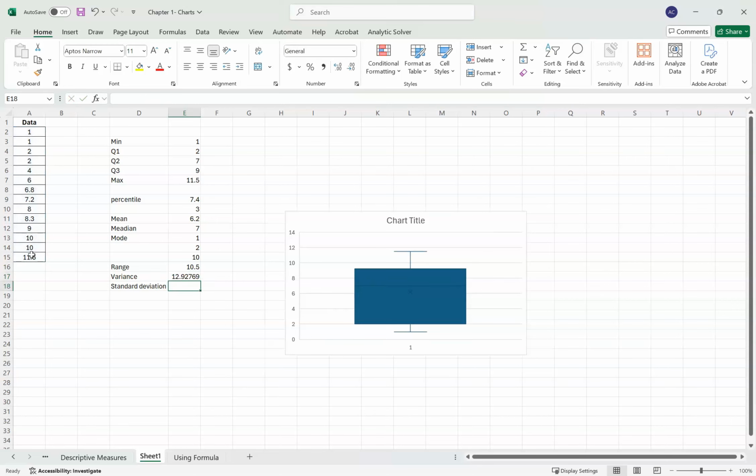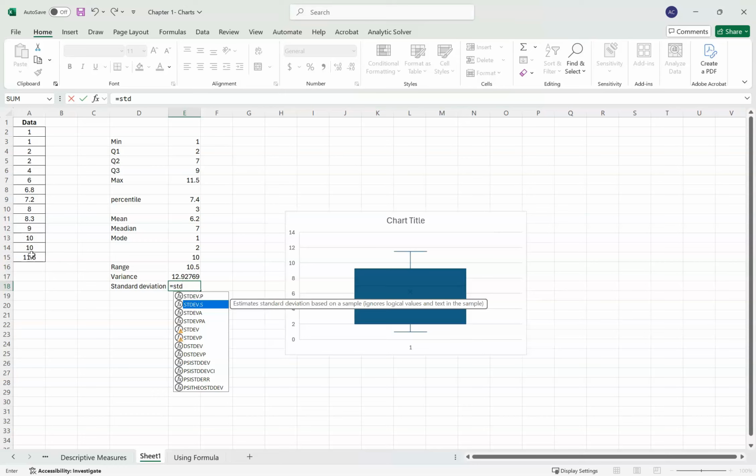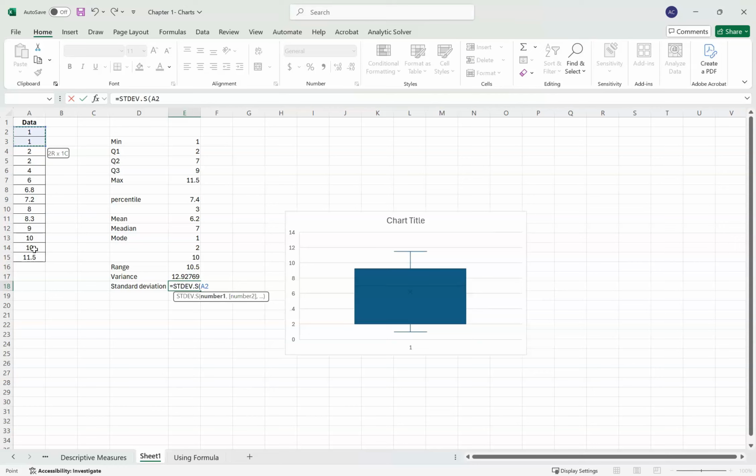If you take the square root of this variance, you will get the standard deviation as well, but we can use the Excel formula STDEV. You can see STDEV.S, that is for sample. We have to calculate it for sample. So close the data and you will get it for sample.